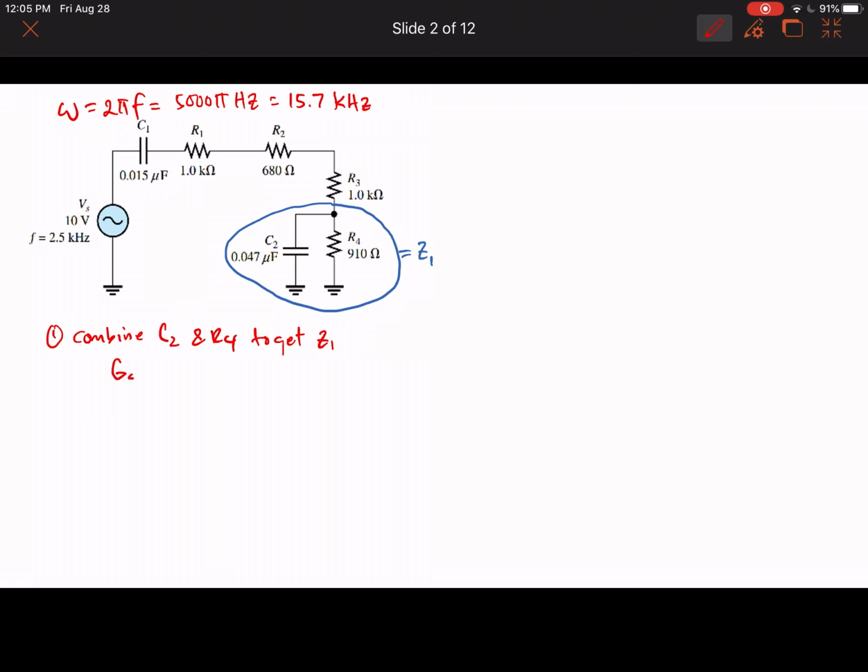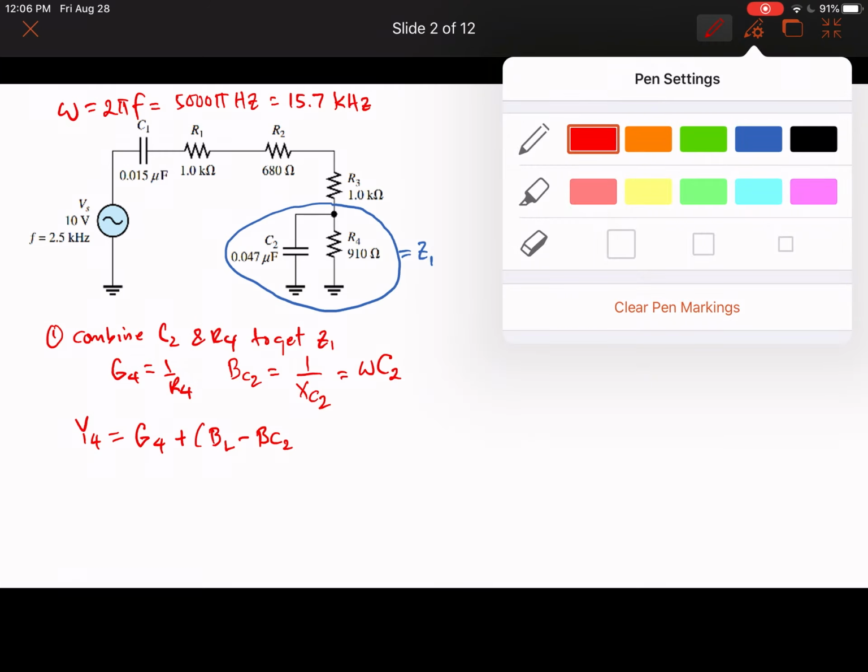So the conductance G4 is just the reciprocal 1 over R4, and the capacitive susceptance BC2 is just the reciprocal of 1 over XC2, which is just omega C2. Okay, so once we have that, we get Y4 equals G4 plus BL minus BC2. Sorry, that's minus.